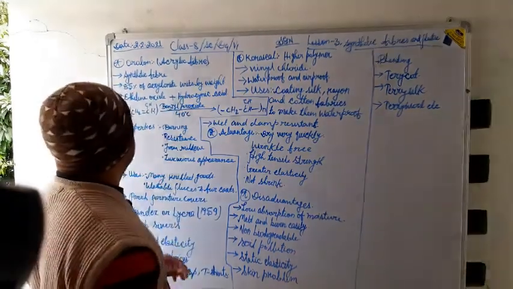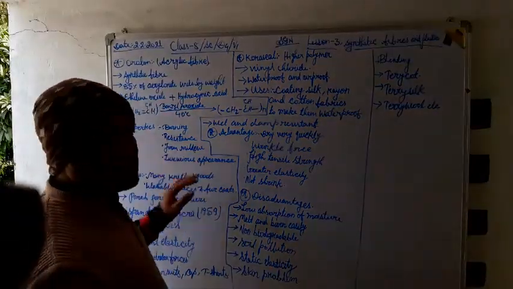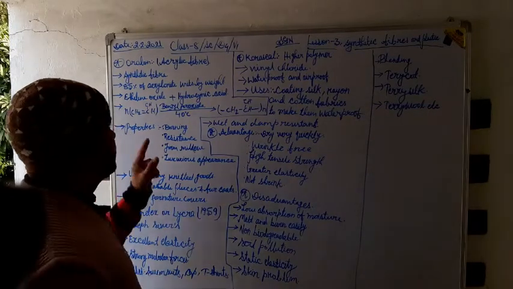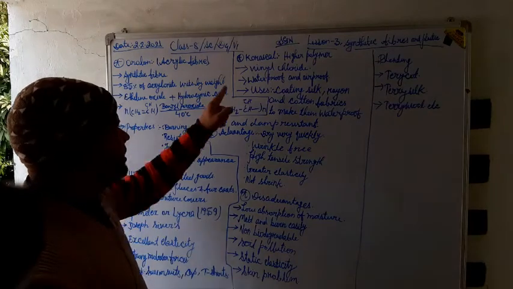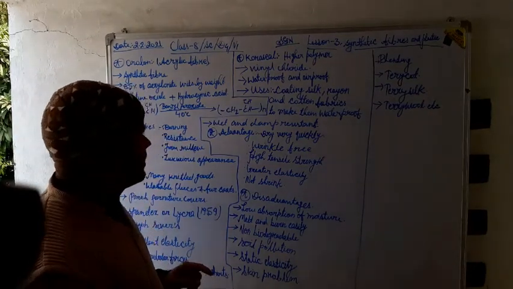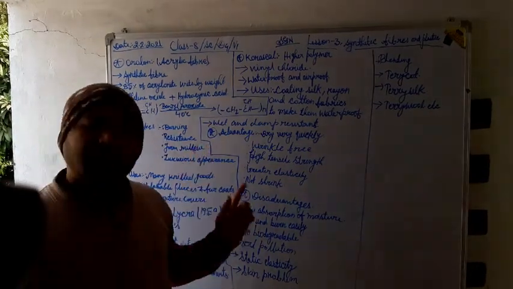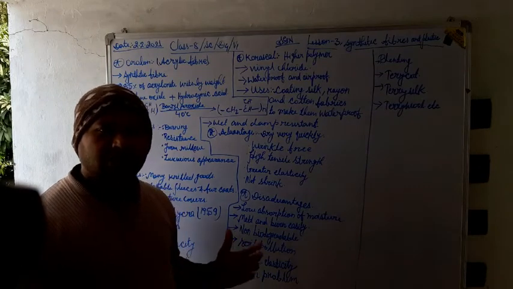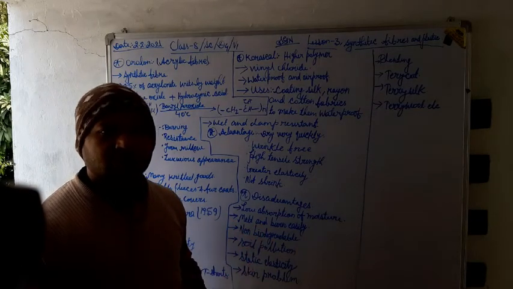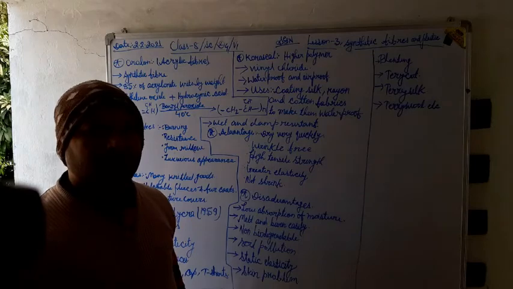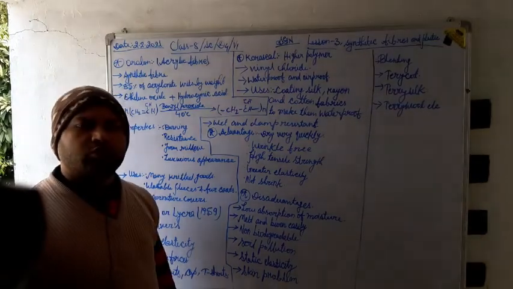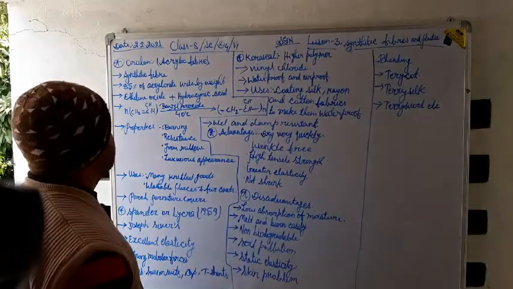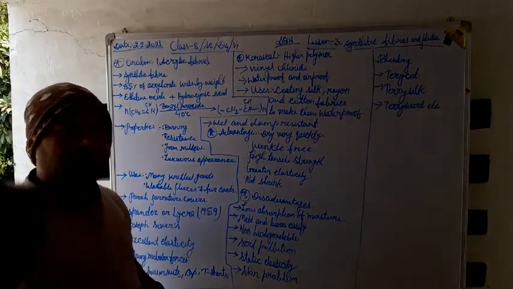Today I am going to discuss orlon, spandex and corrosion, and their advantages and disadvantages. Please concentrate on the video and try to understand all the things taught by us. Now let us start the discussions about this.